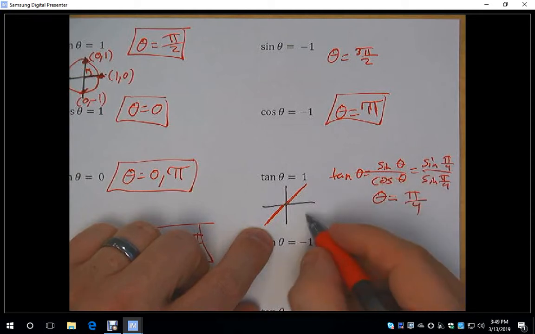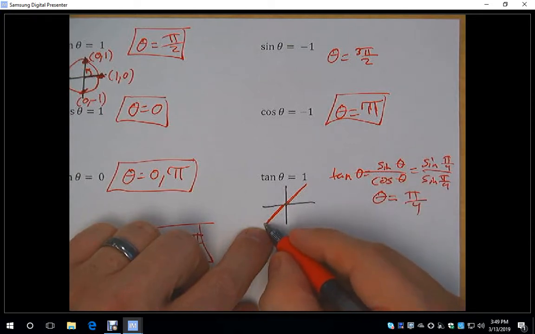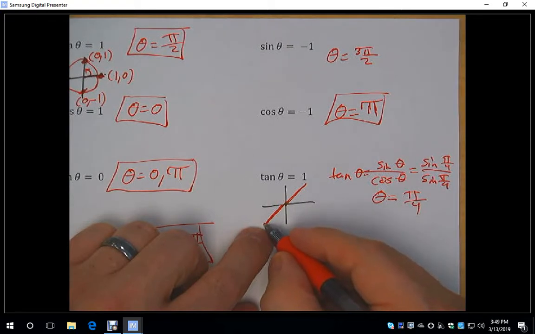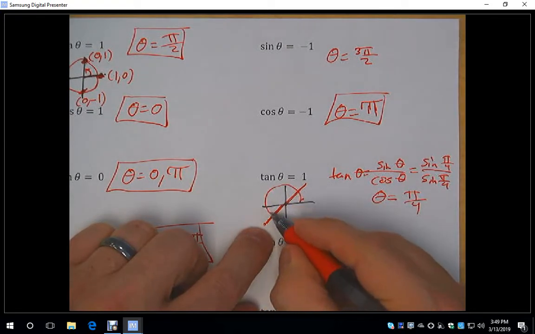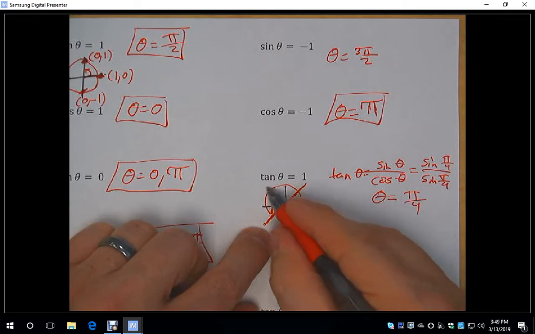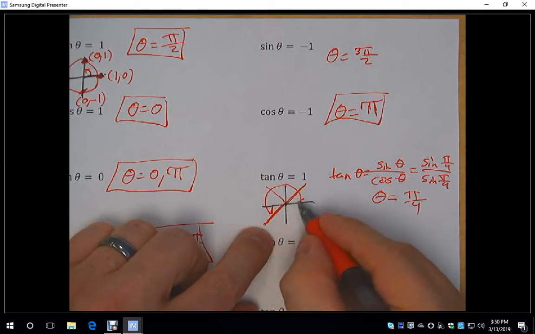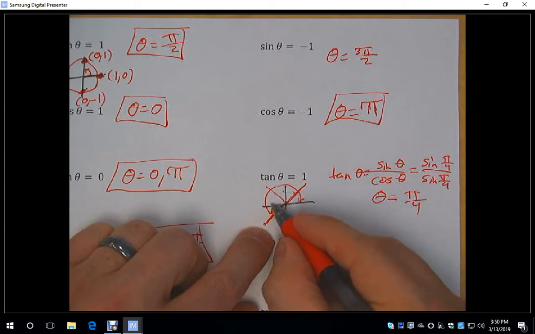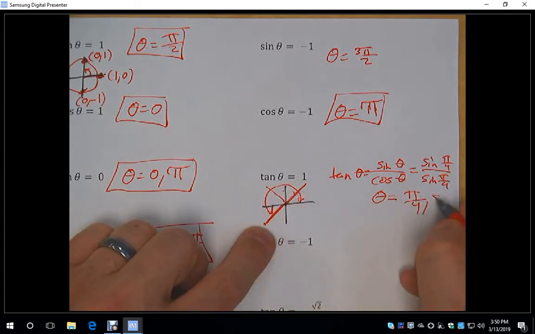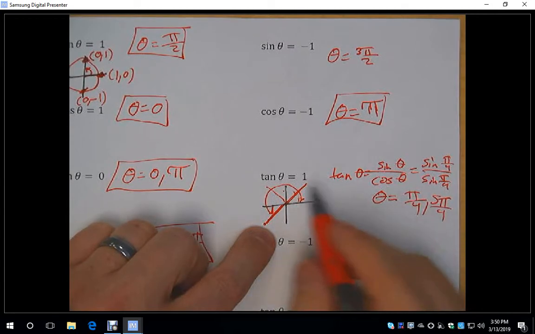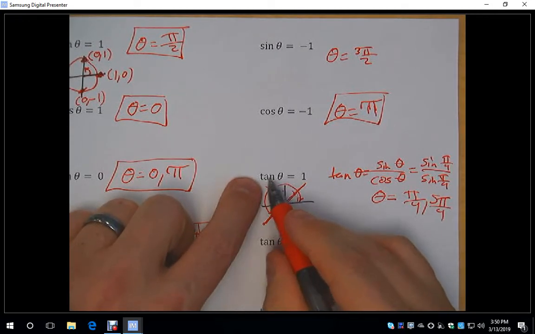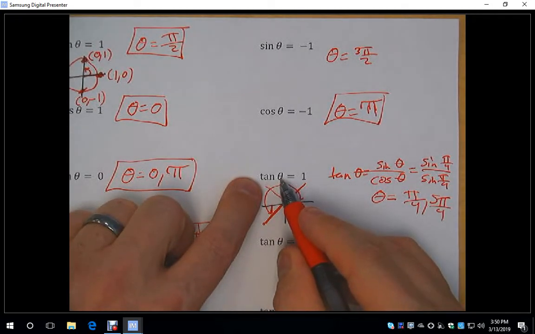So I end up with negative the square root of 2 over 2 over negative the square root of 2 over 2, which gives me 1. So we also have this rotation here. If we take our pi and divide it up into 4 slices, we have 1 pi fourths, 2 pi fourths, 3 pi fourths, 4 pi fourths, 5 pi fourths. So if we have 5 pi fourths, we also get 1.